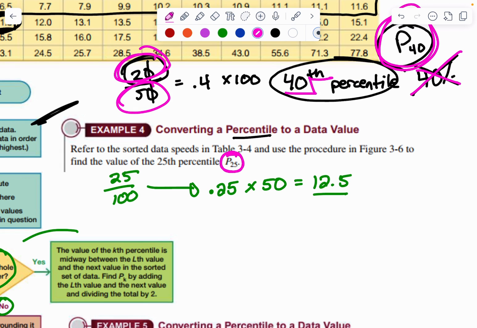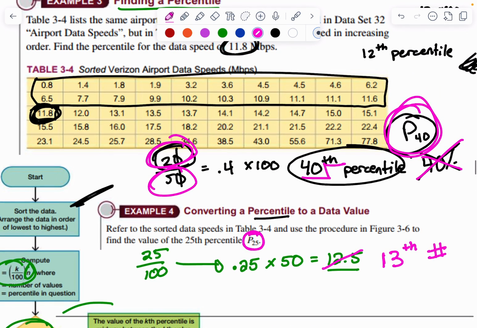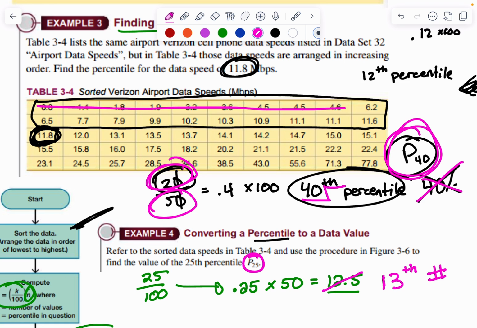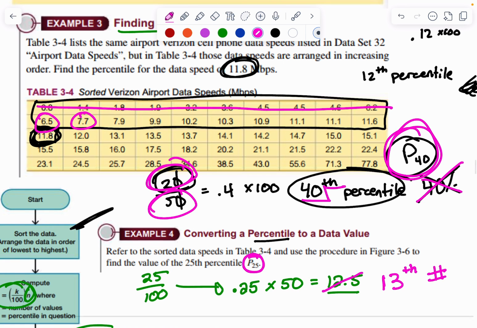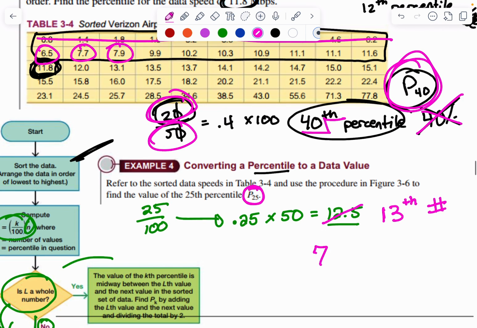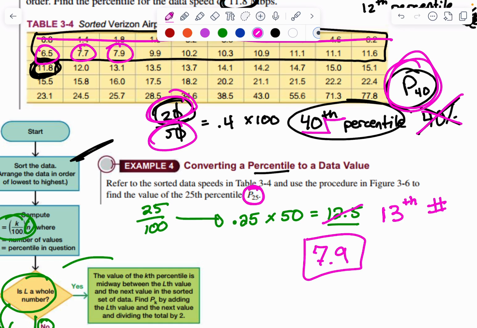So even if it was 12.1, we would go up to 13, okay? And 13 is not my answer. It's the 13th number, right? So I'm going to go up here and say this is 10 across the top, 11, 12. The 13th number is 7.9. 7.9 is the number that is in the 25th percentile.